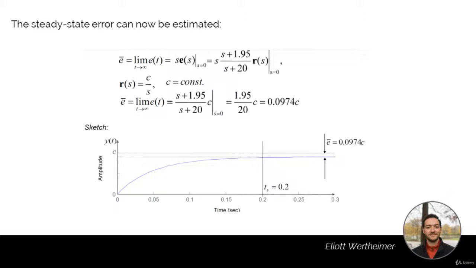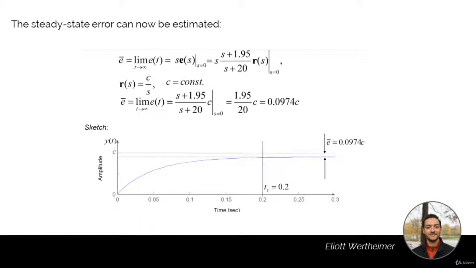We can then use our closed loop transfer function that we just calculated to replace the values, and we get that s multiplied by (s plus 1.95) divided by (s plus 20) multiplied by R(s) as s goes to 0 is equivalent to the limit of the error with respect to time as time goes to infinity.